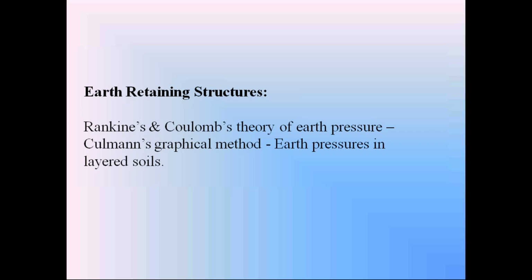When a structure is in contact with soil, either cohesionless or cohesive, in both cases the soil applies pressure on the structure. To find that pressure magnitude, we have different theories. One is Rankine's theory, next is Coulomb's theory, and another is Culmann's graphical theory. By using these theories, we can calculate the magnitude of earth pressure acting on the structure.